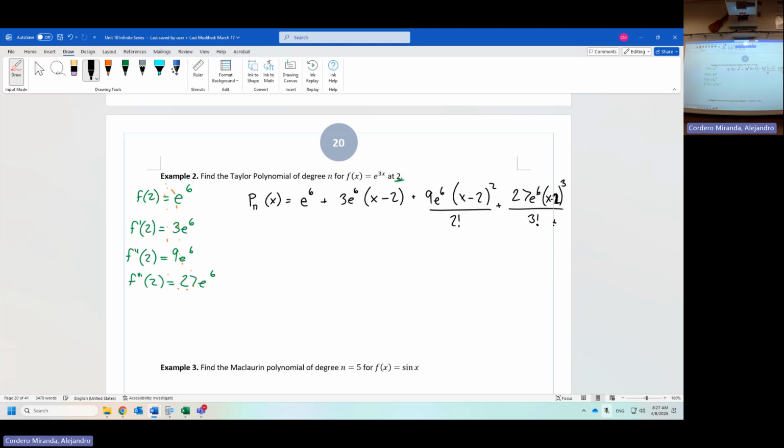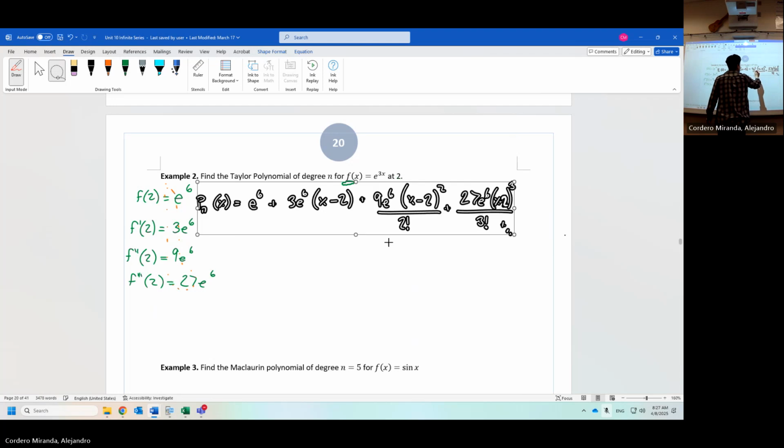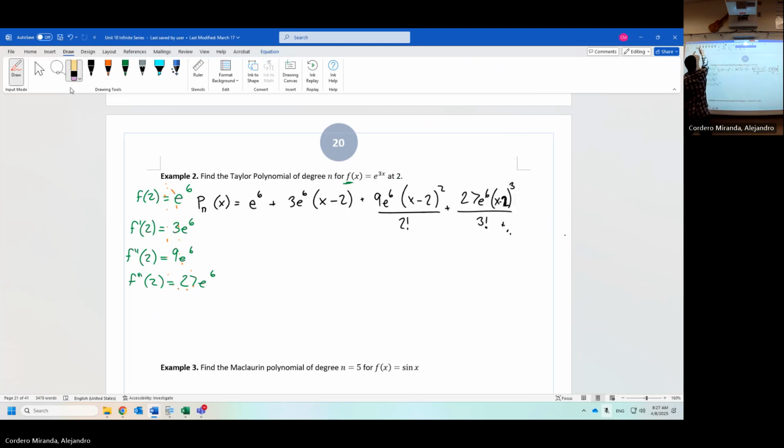And then plus dot, dot, dot till you get to the nth one. In fact, we should get to the nth one because it asks for the degree n. Let me make this small and move it. Here's me getting to the nth one.